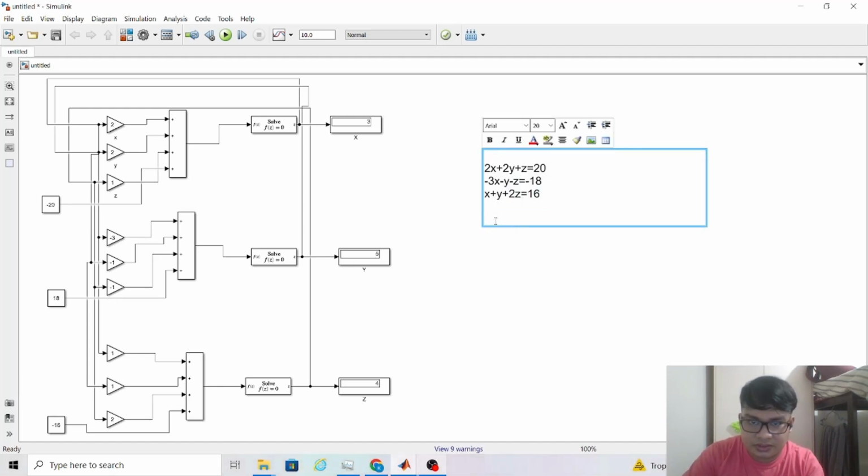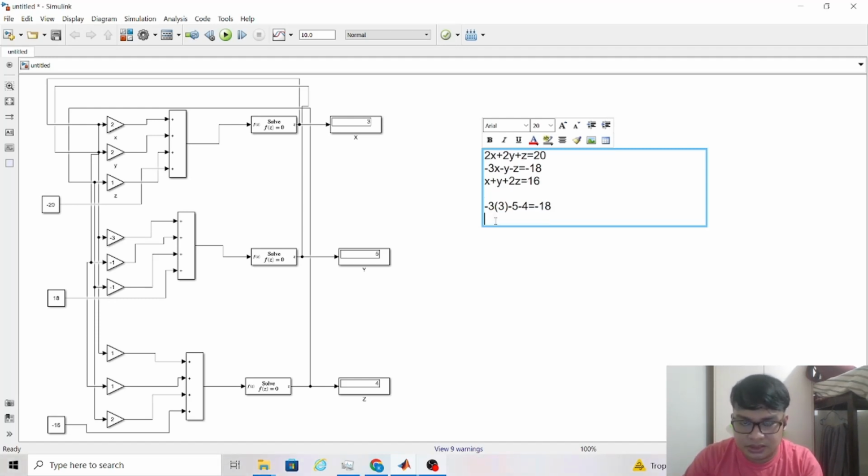For the second one, it's negative 3 times 3 minus 5 minus 4 equals negative 18.